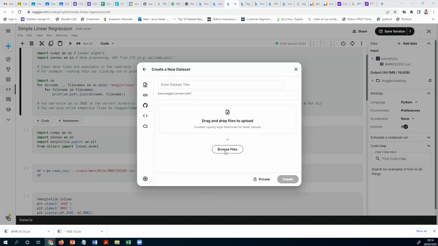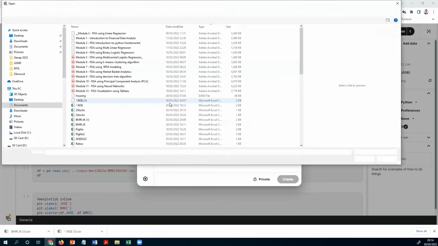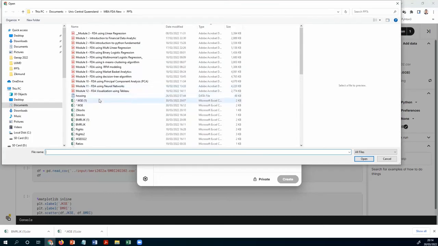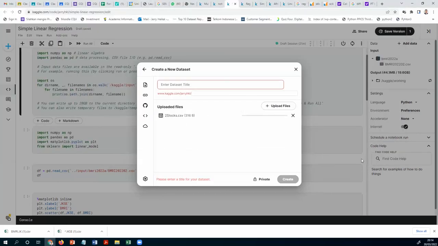Browse. I want to use the return, not the data. Return to stocks. Open. To stocks 1, 2, 3.